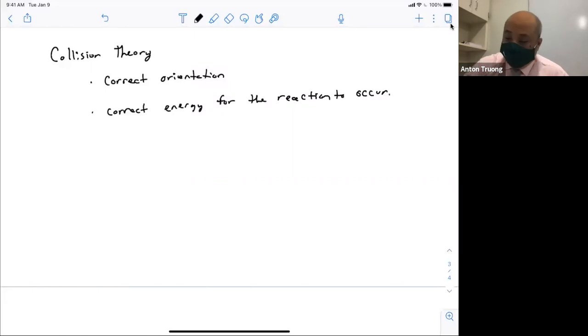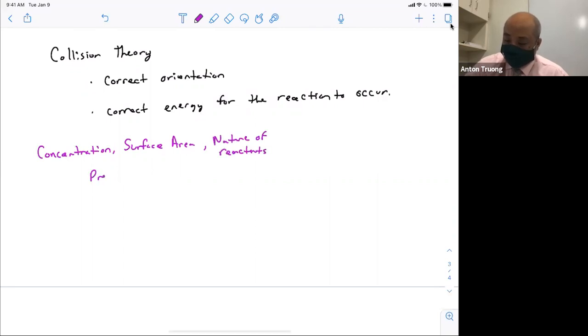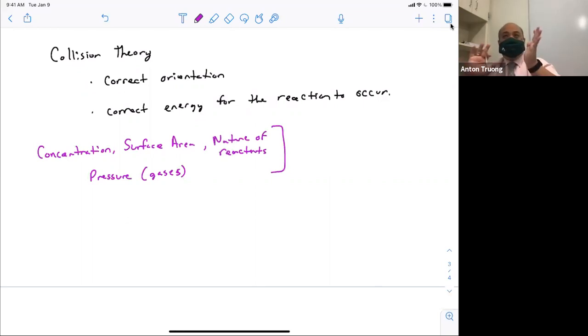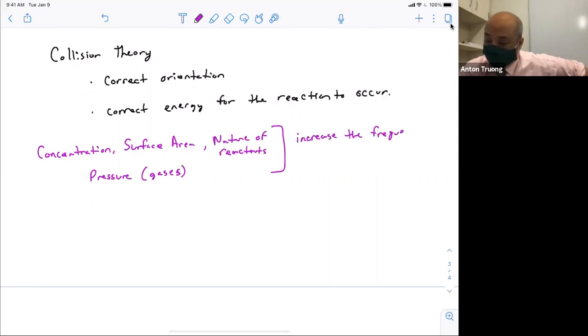And so when you group things like concentration, surface area, nature of reactants, and pressure only for gases, all of these techniques are designed to increase the frequency of collisions.